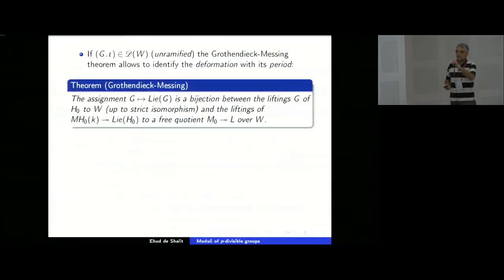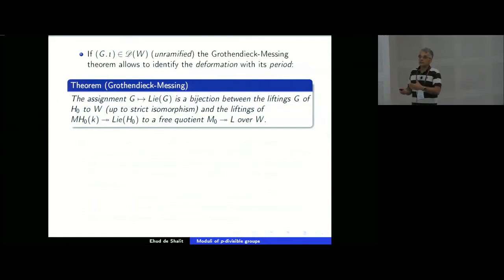So this is actually a general fact. The deformation main theorem of Grothendieck and Messing, and in fact what Grothendieck predicted in his Montreal lecture notes and Messing really proved in detail in his thesis, is that as long as you're in the unramified situation, so points in D of W, then a deformation is uniquely determined exactly by this choice of the map from the crystal evaluated at W to the Lie algebra.